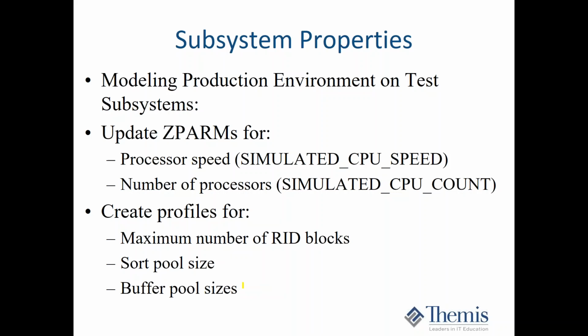So first thing you need to do is find out what the speed and number of engines, CPs, is on production. Then insert into your test subsystem zparm the two zparms: simulated CPU speed, okay, is whatever it was on production, and the simulated CPU number of processors, CPs.